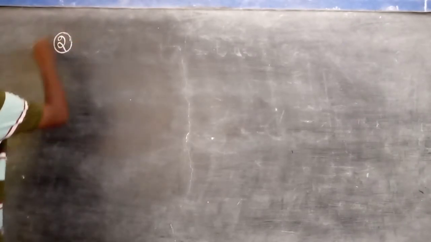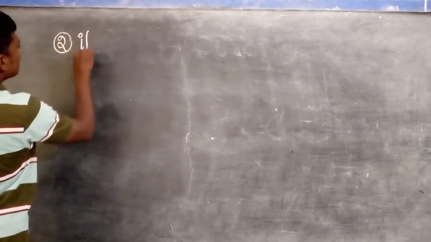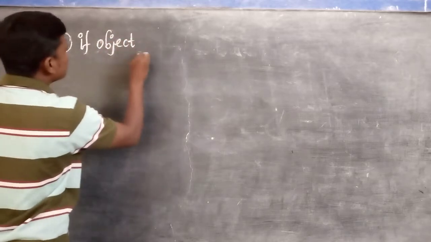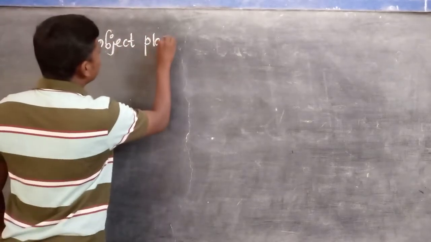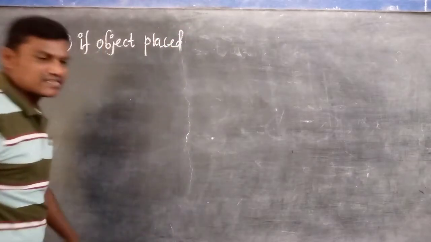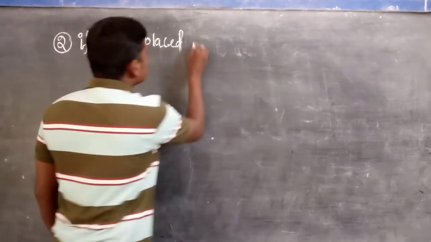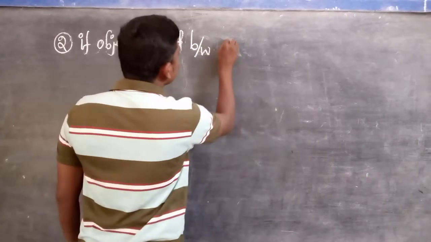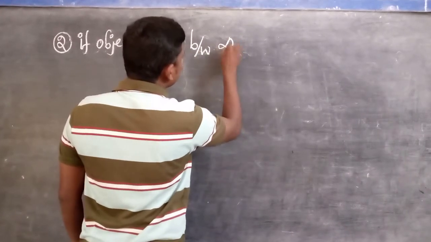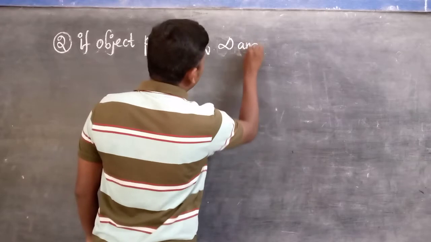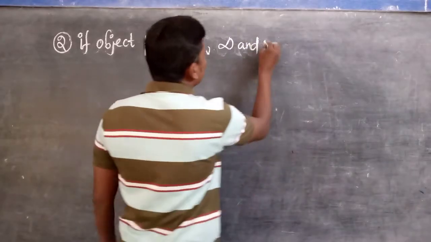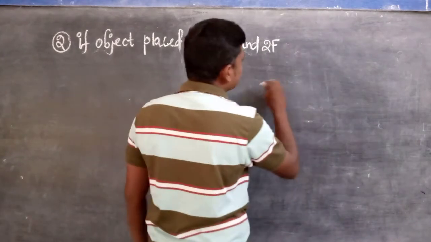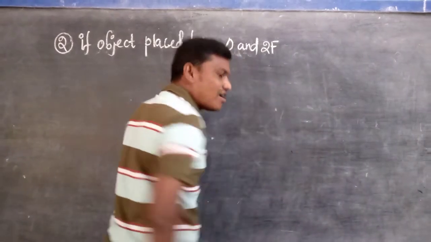Next, the second one. If an object is placed between infinity and 2F, which is nothing but the center of curvature.